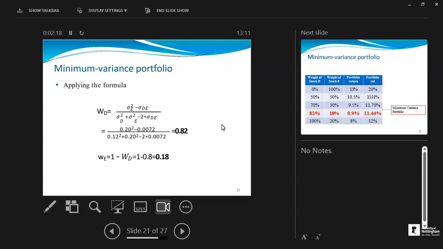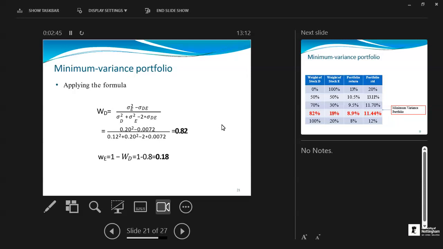So we should invest 82% in stock D and the remaining 18% in stock E. As long as we invest 82% in stock D and 18% in stock E, we will have a portfolio which will have the lowest risk, and we call it the minimum variance portfolio.